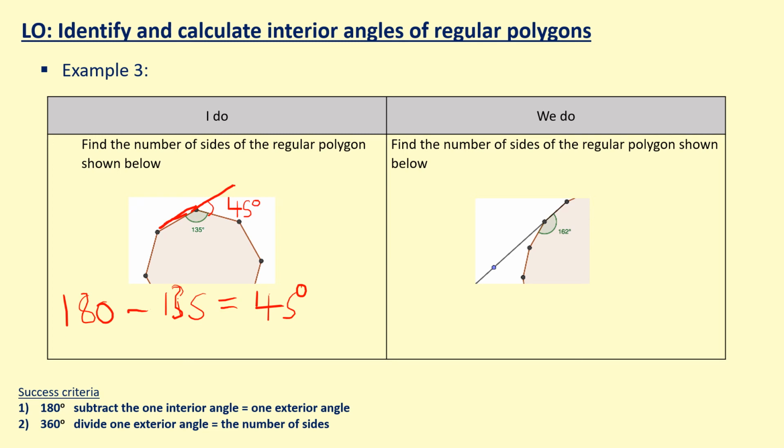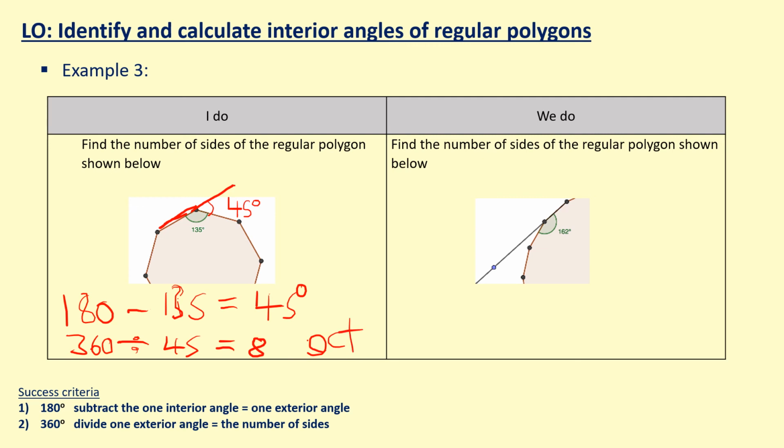And then we do 360, all our exterior angles divided by 45. And that's going to give us, I think it's 8, is it? Yep. And then that must be an octagon. So let's put oct for short.